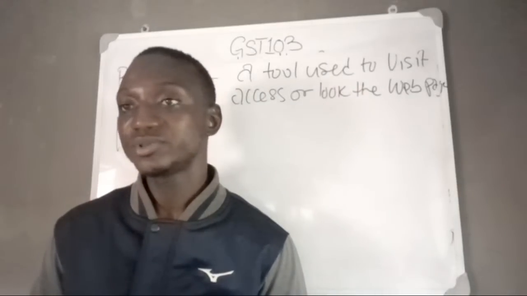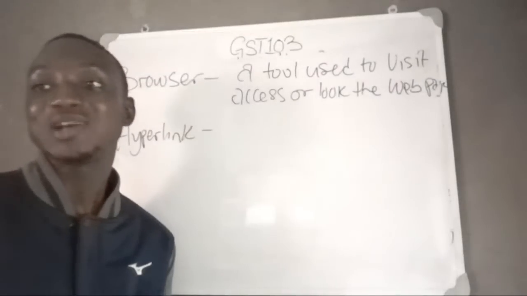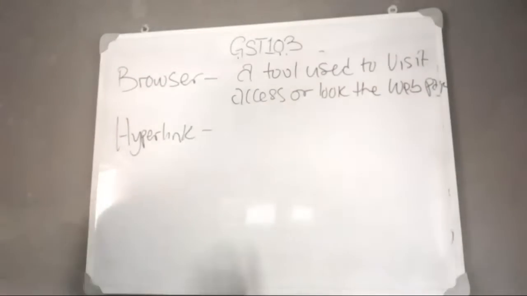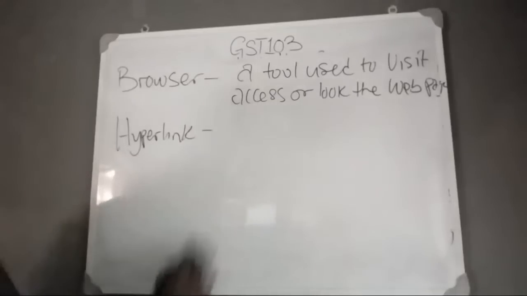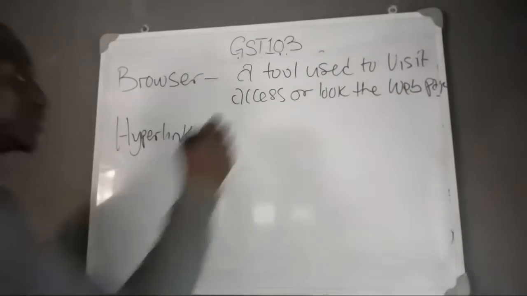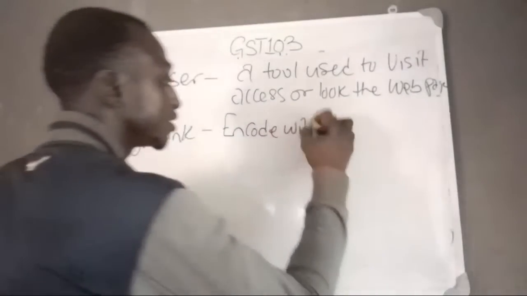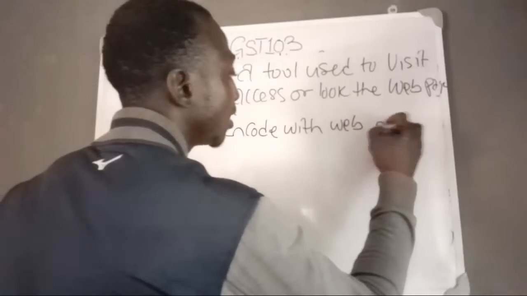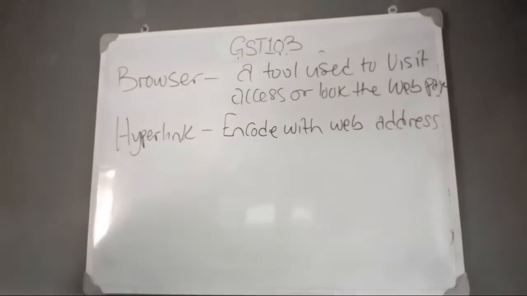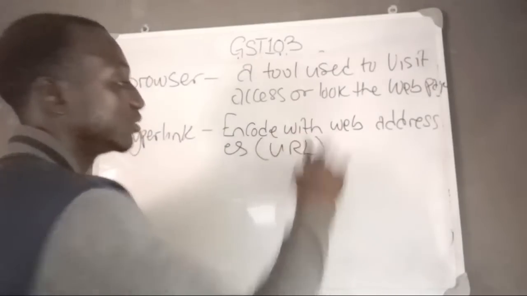So they are underlined or bordered words and graphics that are encoded with web addresses, which is the URL.